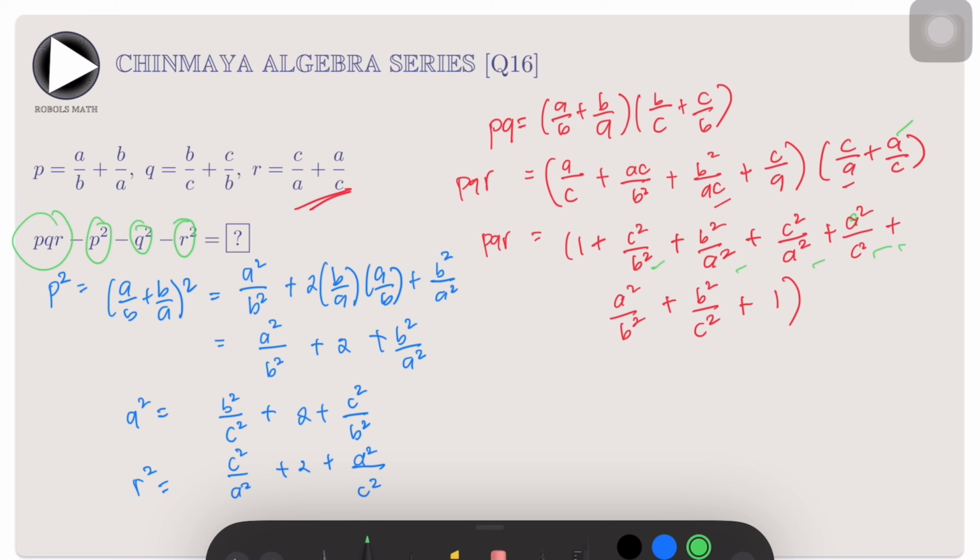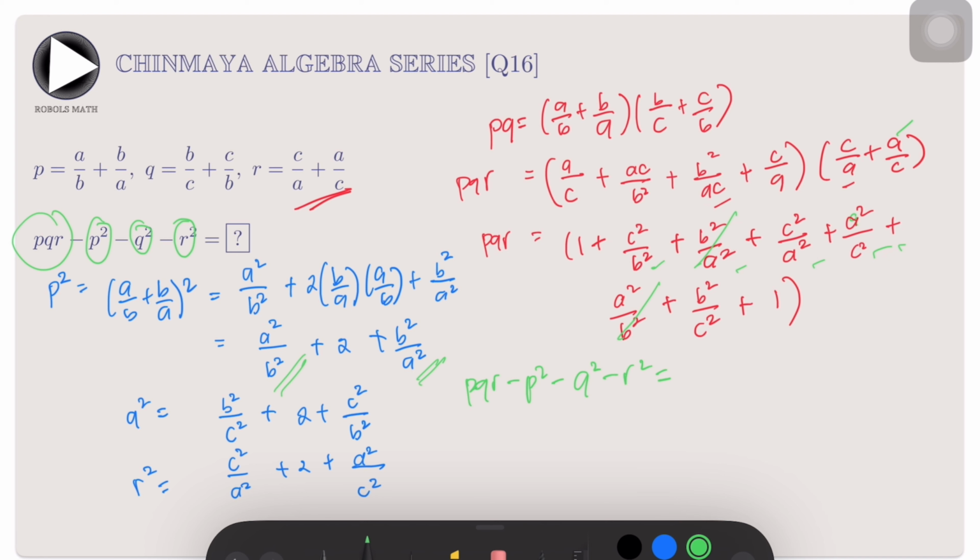Therefore PQR minus P squared minus Q squared minus R squared can be expressed as this one. The P squared has A squared over B squared and B squared over A squared. So if we subtract, this A squared over B squared and B squared over A squared cancel out.